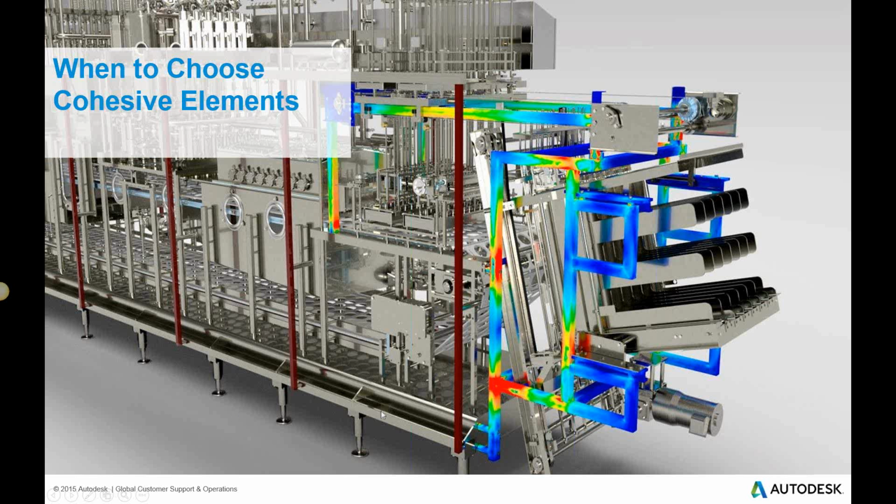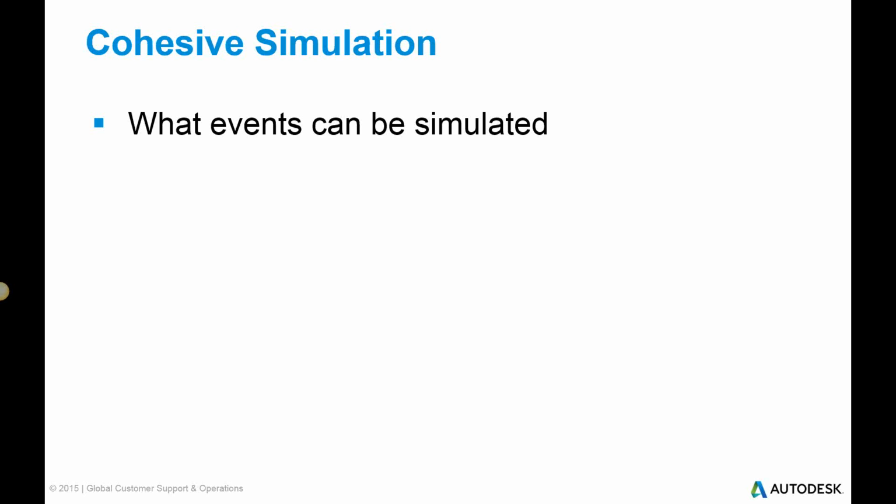All right, so let's start off with when to choose cohesive elements. We're going to be using cohesive elements in our simulations when we're looking at a specific behavior. We're typically looking to simulate an area where we have two materials being pulled apart. A common event where this would occur would be delamination. Specific to composites, this is a common area of interest when looking to capture the true composite response.